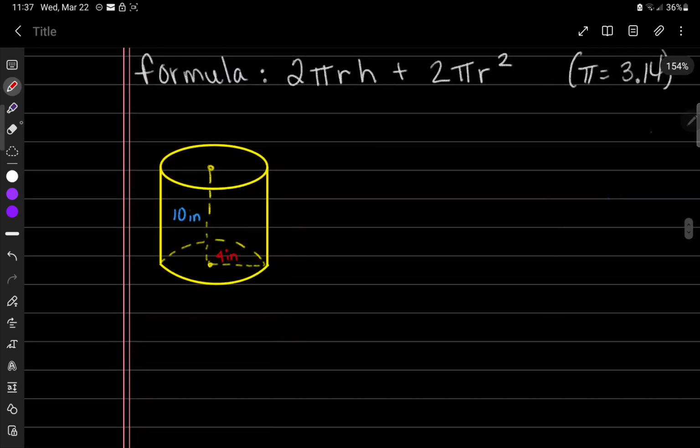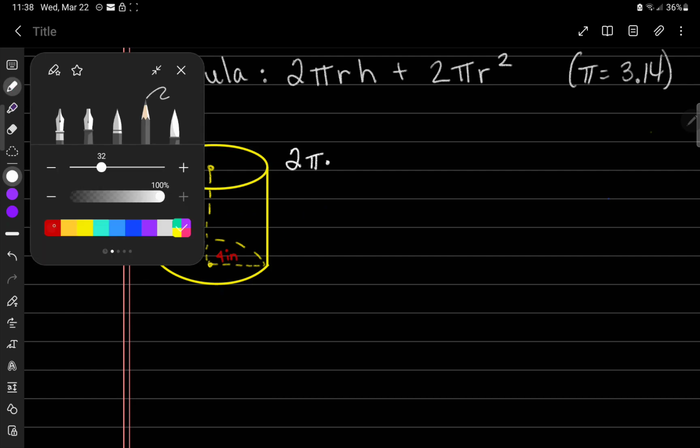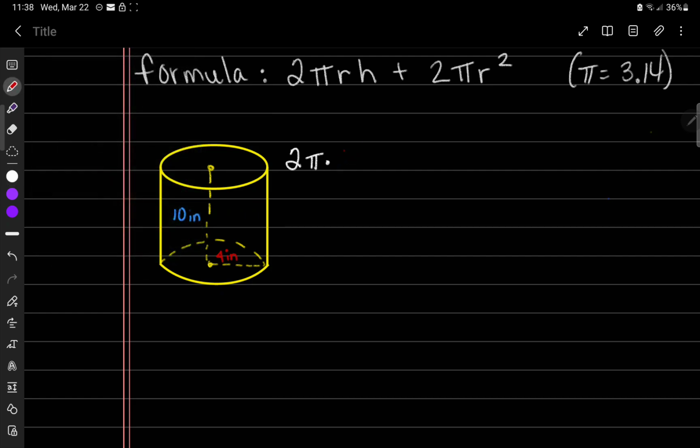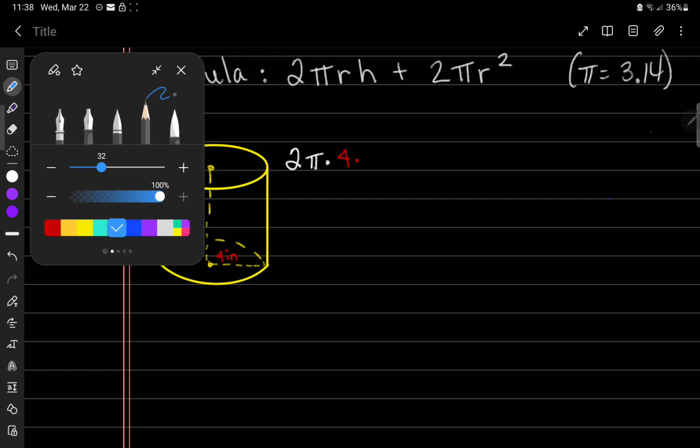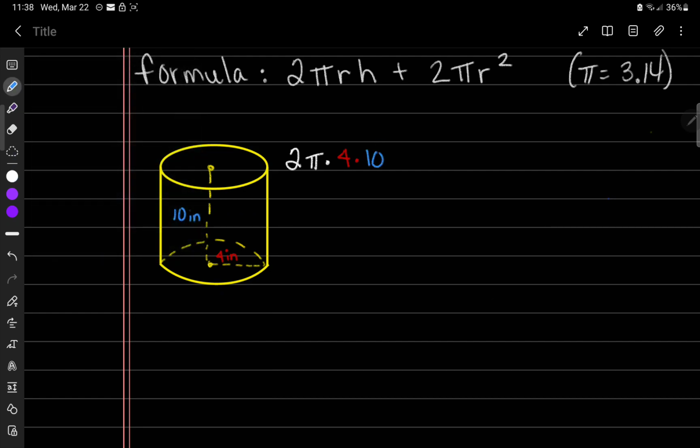So you're gonna take the formula and just change H and R for the numbers that go there. So we're doing 2 times pi times R. R is 4, which is our radius. And then we're gonna do times 10, which is H. So I'm just replacing those 2 parts, bringing down those 2.